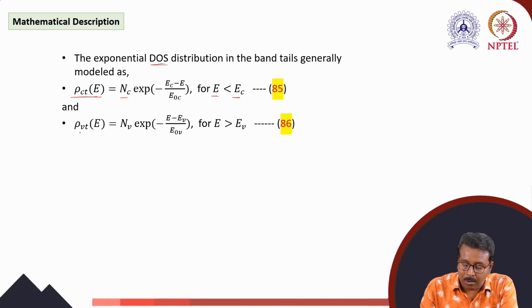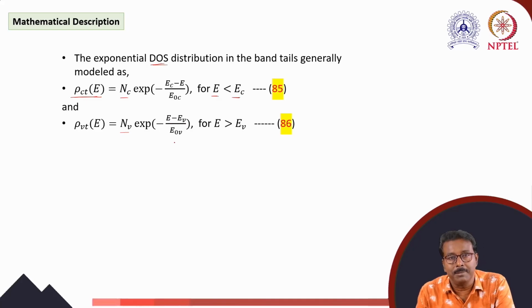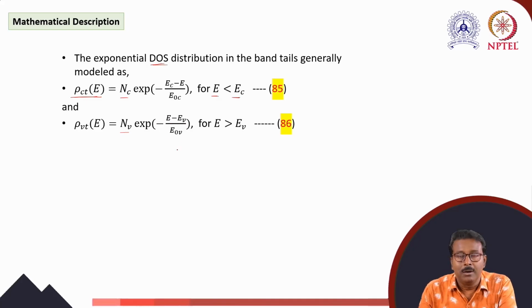And for rho Vt, the valence band tail states, it will again be Nv exponential of minus E minus Ev by E0V for E greater than Ev, following the same nature as Ec minus E in the conduction band and E minus Ev for the valence band, but with the exponential negative nature.